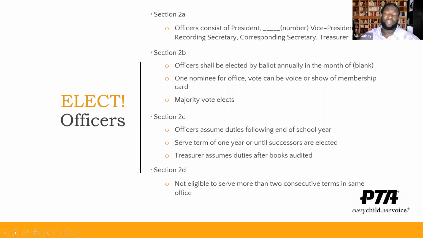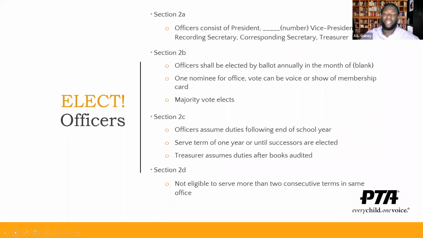Section 2D stipulates, again, something that we have said over and over again. No member is eligible to serve more than 2 consecutive terms in the same office. So case in point, if Miss Mary has been president for 2 years, well, Miss Mary, although she is committed to service of PTA, will need to find another role in which she desires to serve.